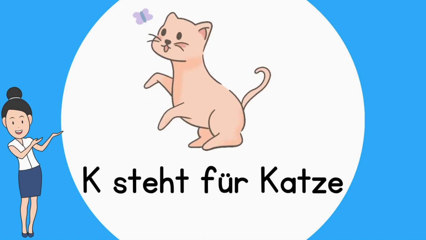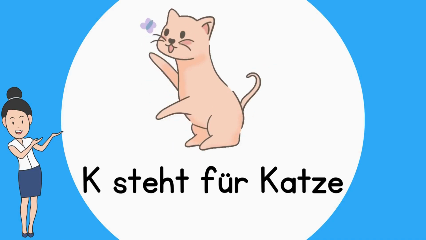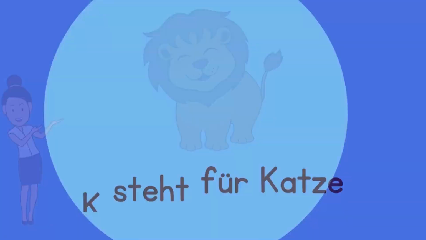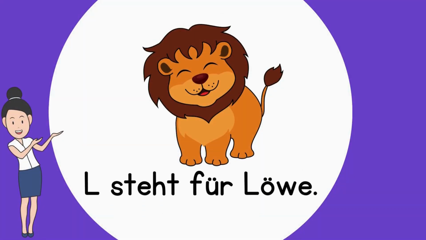Next, we have the letter K. The letter K is pronounced as K in German. Once again, K. And K steht für Katze. Once again, Katze. Katze means cat. Next, we have the letter L. L is pronounced as L in German. Yes, it's the same again. And L steht für Löwe.